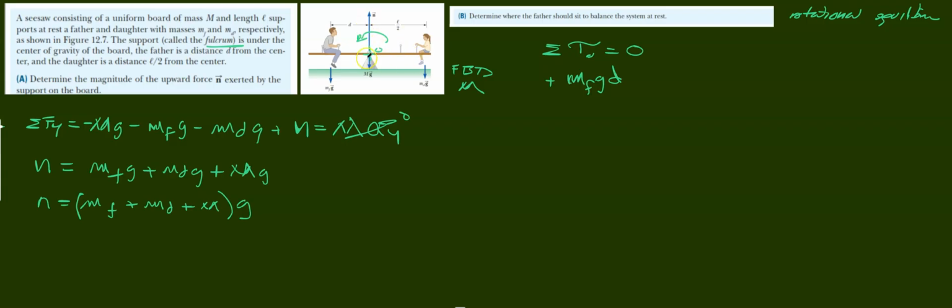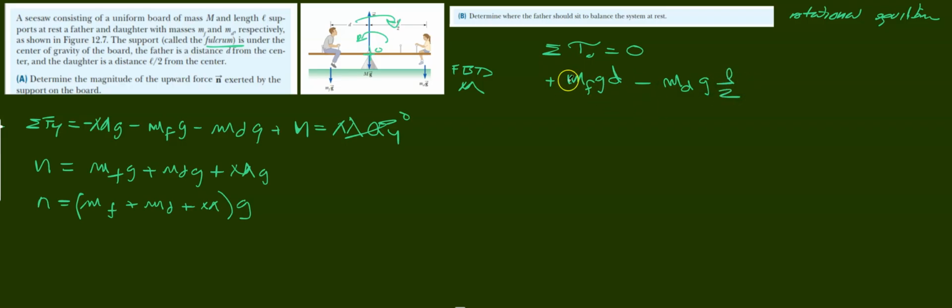The other force is the normal, but has no lever, and the mg also do nothing because they're acting directly at the pivot. So then we're going to have the daughter, but the daughter tries to make the system rotate in the opposite direction. So the mass of the daughter times gravity times L over 2.